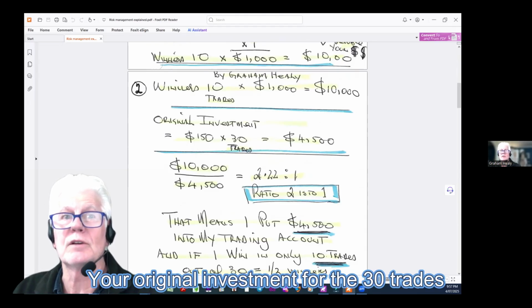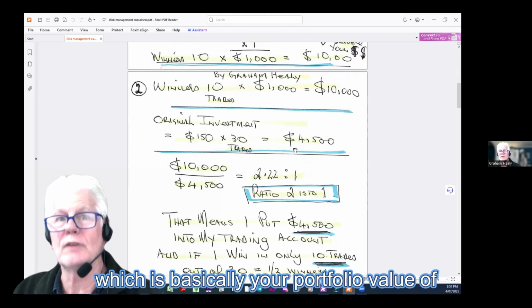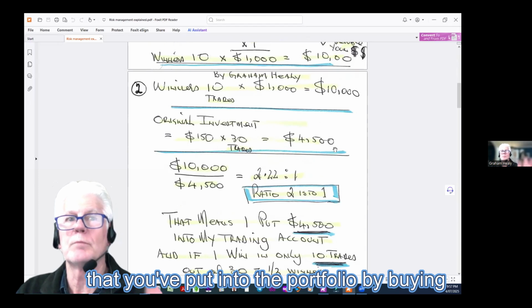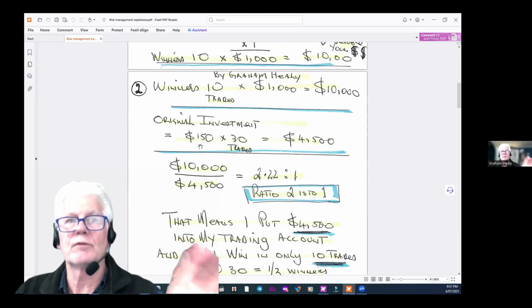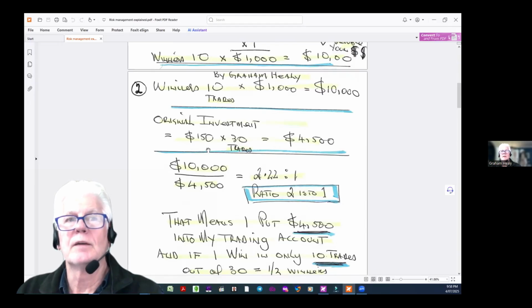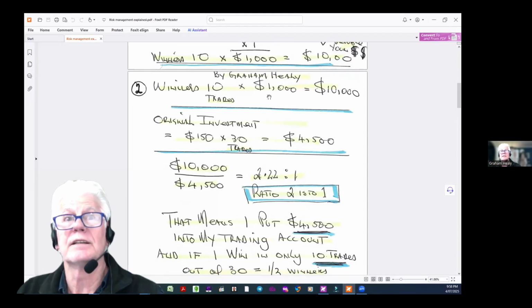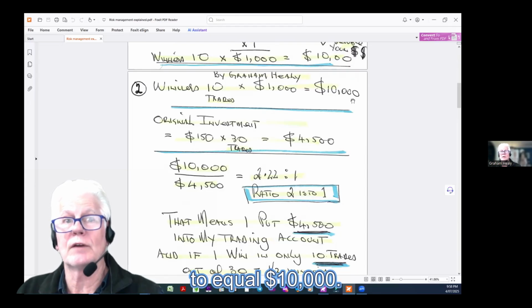Your original investment for the 30 trades was $150 each, which is basically your portfolio value of $4,500. So out of the $4,500 that you've put into the portfolio by buying 30 option contracts at $150 a contract, that was your float, but out of those 30 trades, you had 10 trades that actually made money, and those 10 trades made $1,000 each to equal $10,000.